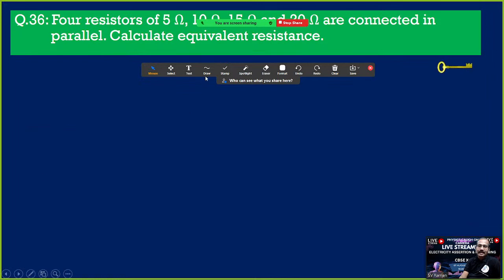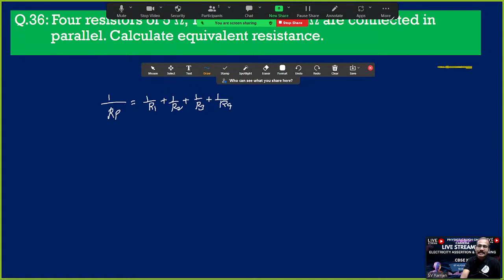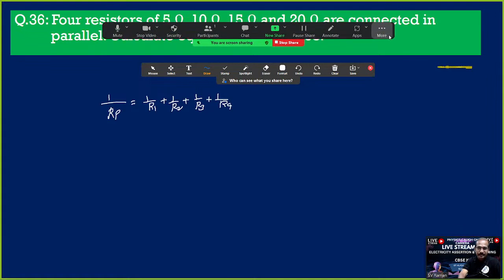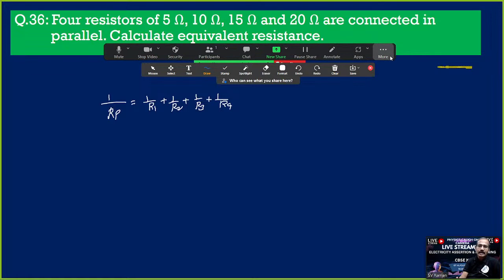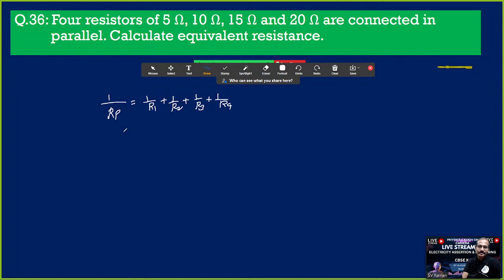While in parallel, the student has to recollect the formula: 1 by Rp is equal to 1 by R1 plus 1 by R2 plus 1 by R3 plus 1 by R4, because they have given 4 resistors. So immediately the formula recollection is important. Now substitute each resistance.